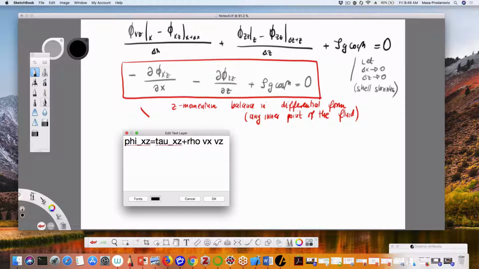And then my phi zz, it does have a pressure component, right? ZZ direction. And it's just P times 1, plus tau zz plus rho Vz Vz.